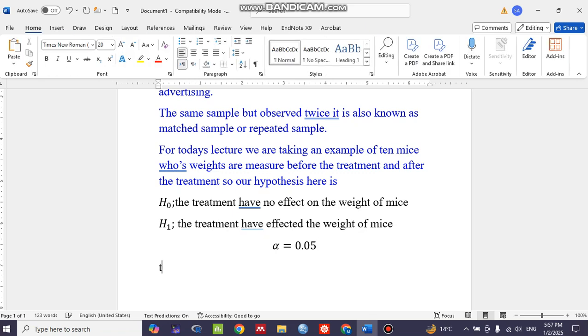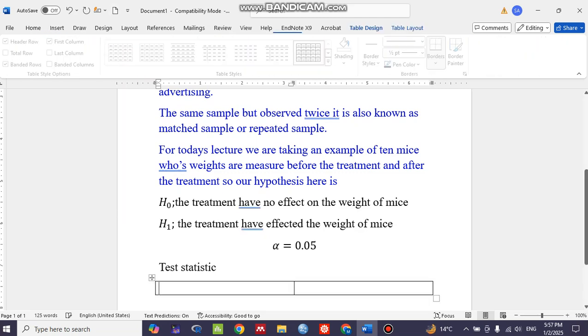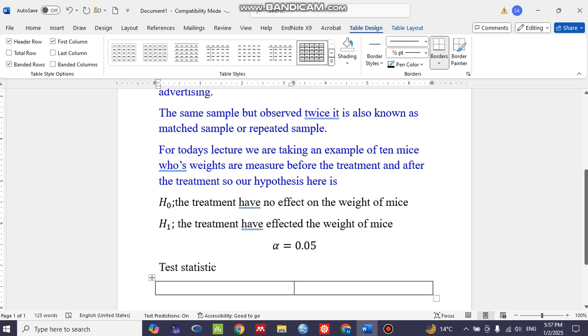And the next thing is deciding the test statistic. As we have discussed in class as well, the test statistic is based on the normality. If data is normal, we usually apply paired sample t-test. And if data is not normal, there are two cases: normal data and not normal data.